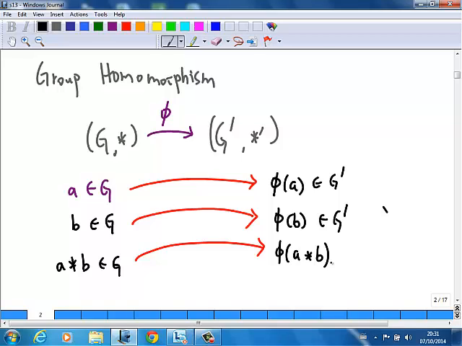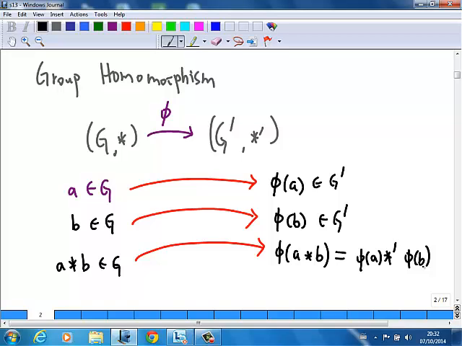Now, what is the image of A star B? We don't know anything, but I just know A goes to the image of A, and B goes to the image of B. If I multiply them, and this happens to be the image of A multiplied in G prime by the image of B, then you have a group homomorphism.